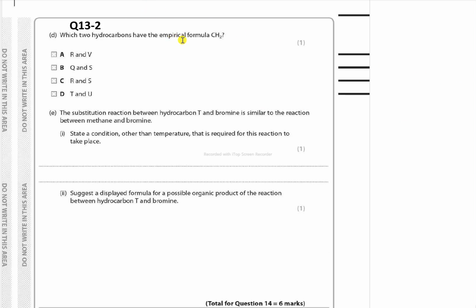Right, which two hydrocarbons have the empirical formula CH2? So remember, what did we say about different types of formula? So you've got the first one, which is a molecular formula. And then you've got a displayed formula. Then you've got a structural formula.